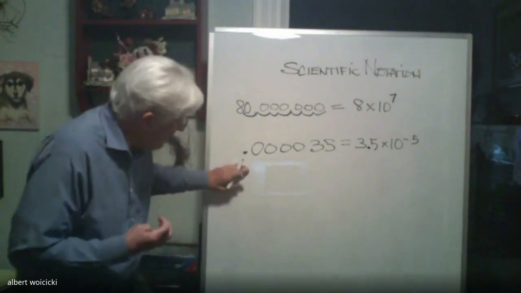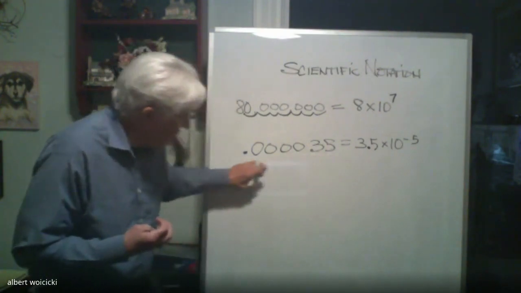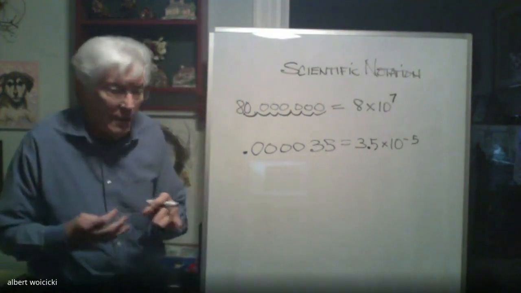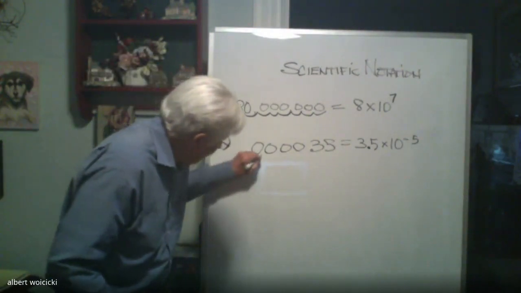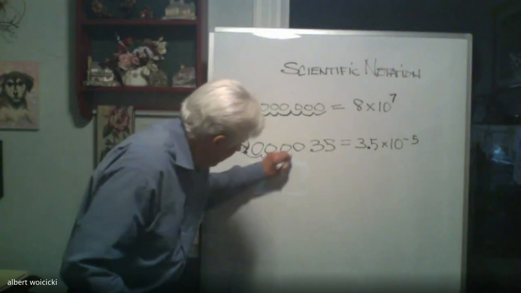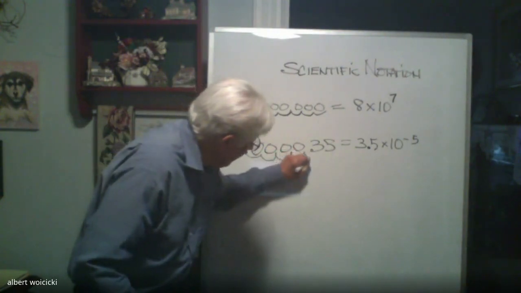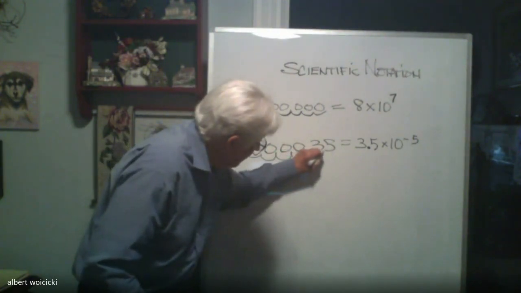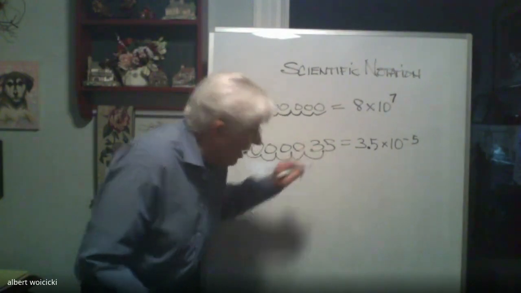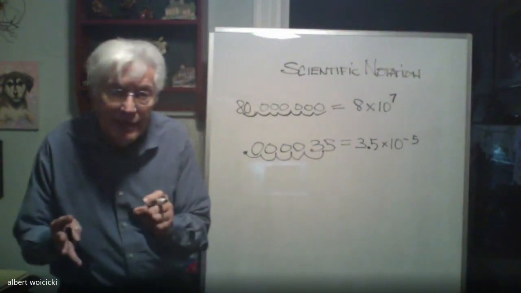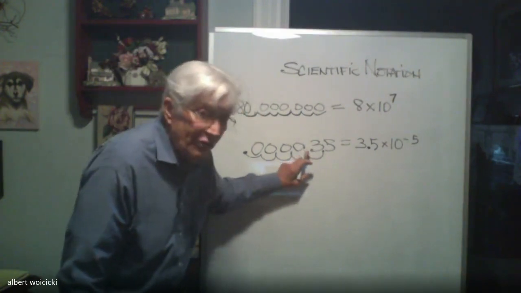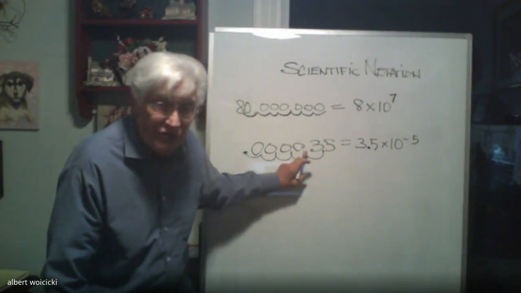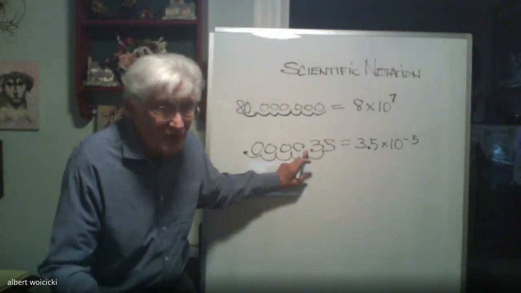Okay, now, what happens when I have a little tiny number? Well, here it is, 35 millionths, a little tiny number. I'm going to move this decimal until it gets to a place that's between 1 and 10. If I'd only moved it this far, it would be 35 hundredths, and that's not between 1 and 10.